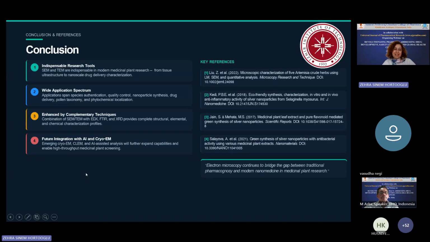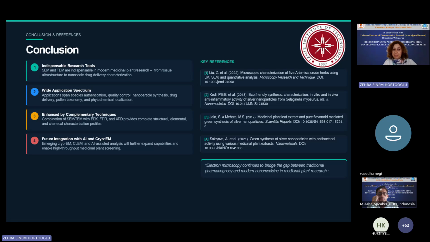In conclusion, we get indispensable research tools. SEM and TEM are very important in modern medicinal plant research. From tissue ultrastructure to nanoscale drug delivery characterization, they have a wide application spectrum.